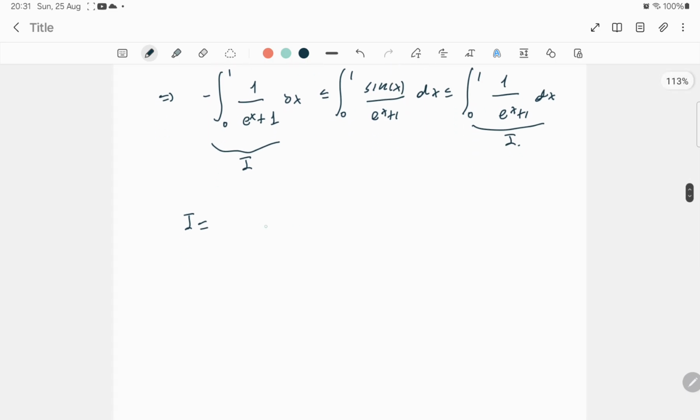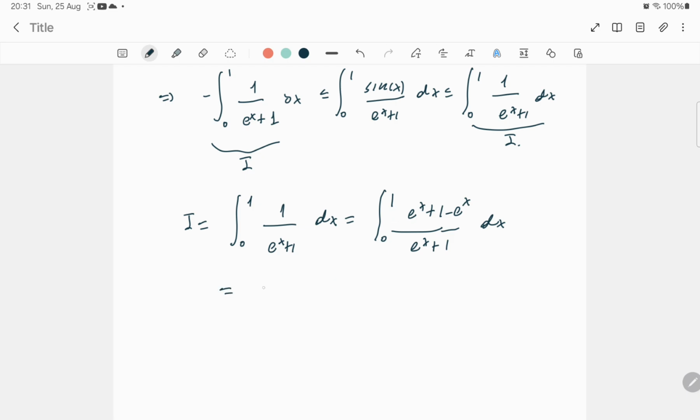We can explicitly calculate this integral. We can add and subtract e to the power of x, and then we can split the fraction.